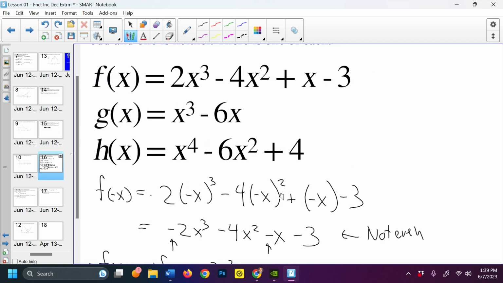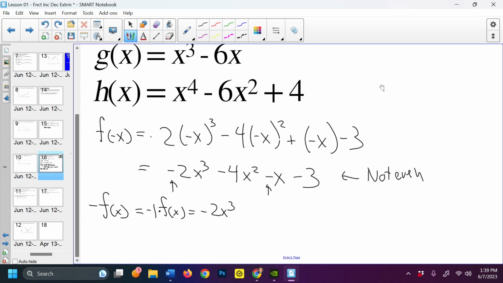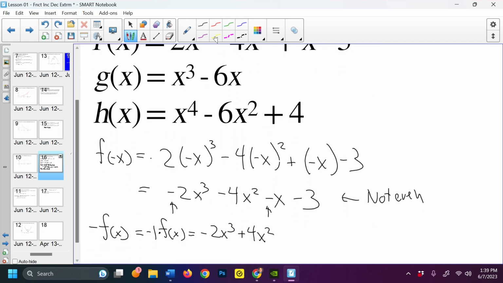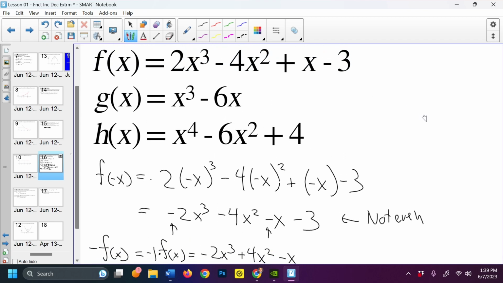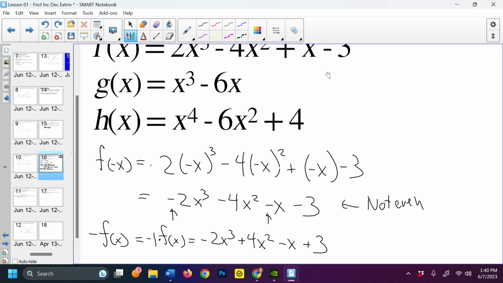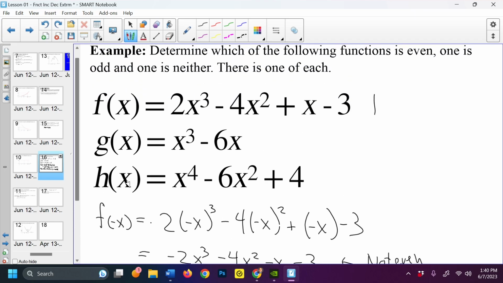Negative 1 times negative 4x squared, I get positive 4x squared. x times negative 1 is negative x, and then negative 3 times negative 1 is positive 3, and again that is not the same as what I got when I plugged in negative x into f. So this is also not odd. Therefore, this first one is a neither.